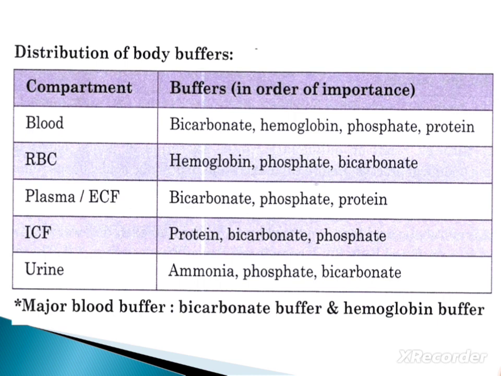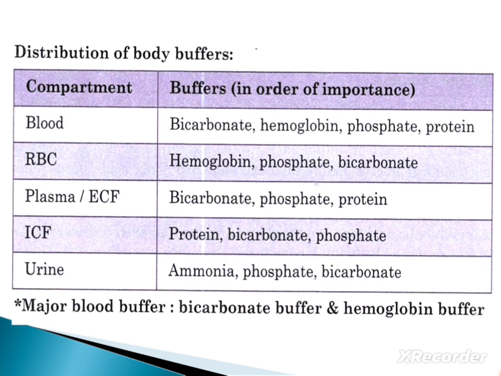In plasma, bicarbonate is again the main buffer, and we all know bicarbonate is the most potent and universal buffer, because bicarbonate is present in almost every compartment of body fluid, and its concentration is very high.